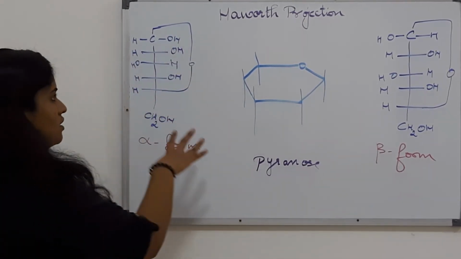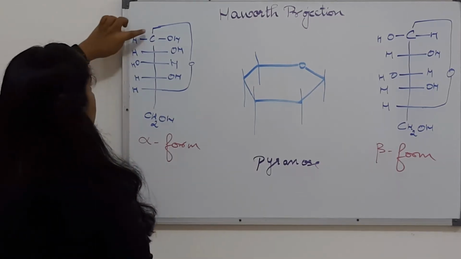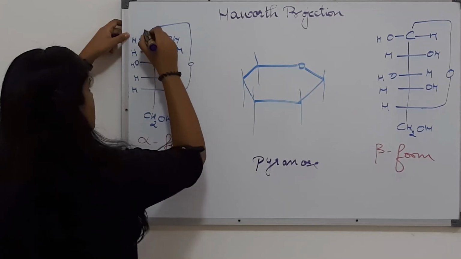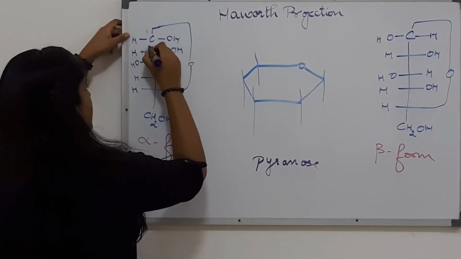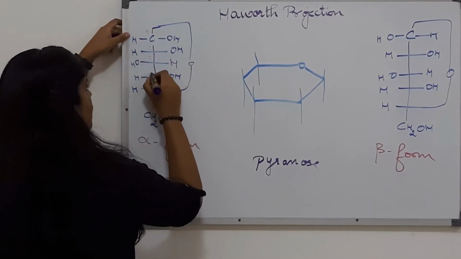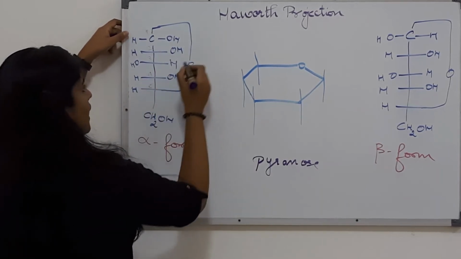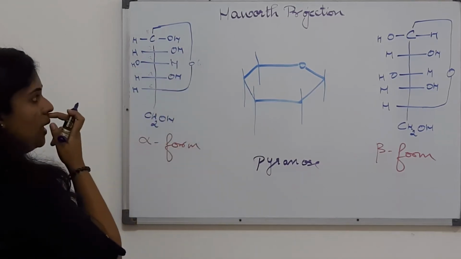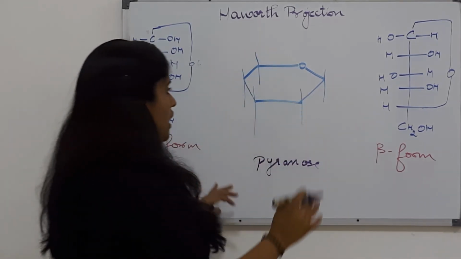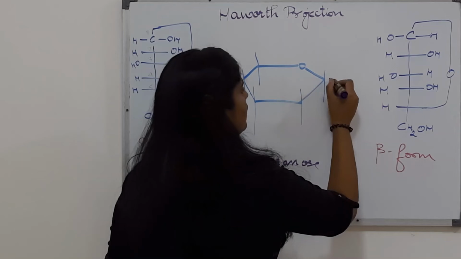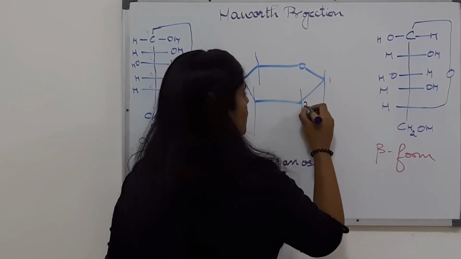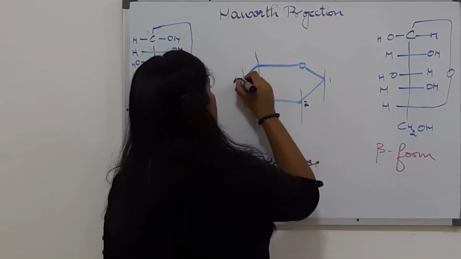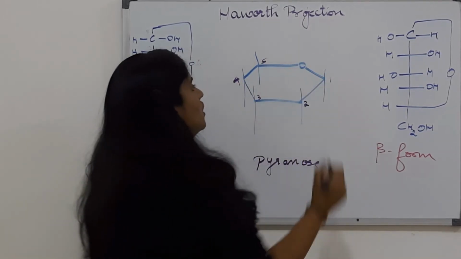So where do we have the ring structure in this? If we consider the case of alpha first, this is my first carbon, second carbon, third, fourth, fifth, and then the sixth one is my oxygen. So 5 carbon atoms and oxygen. I can put this in a ring form with the first carbon here: 1, 2, 3, 4 and 5.